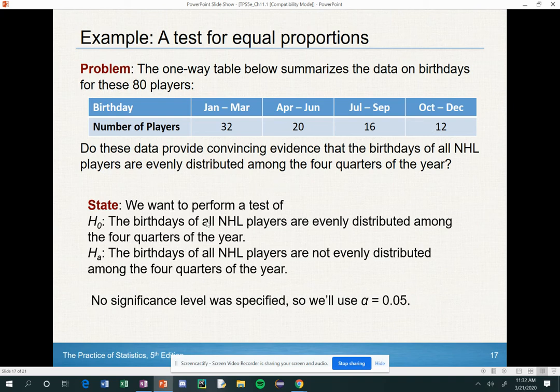Everyone is coming from a month, and the birthdays have nothing to do with the situation here. Everything's evenly distributed. The alternative hypothesis claims that the birthdays are not evenly distributed among the 4 quarters of the year. And we always state our alpha level, and that is 0.05. That's the same as before. So that's the first of the 4 stages, state.